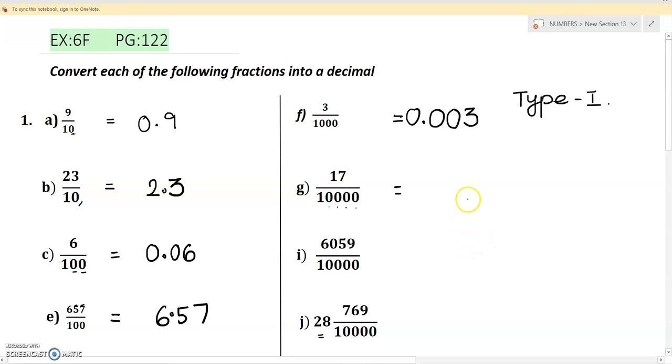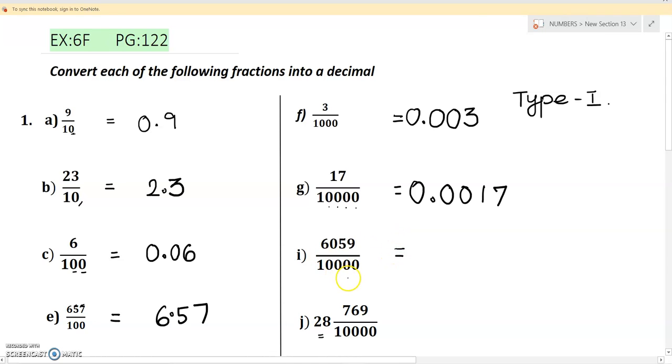Write down the numerator. It is 17. And we have 4 zeros here. 1, 2. But here we have only 2 digits in the numerator. So we are going to add 2 zeros and place a dot. It is 0.0017.